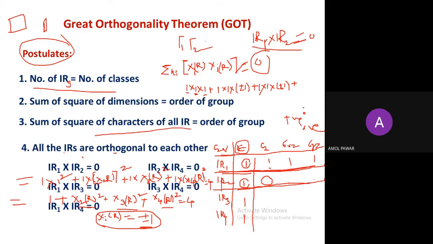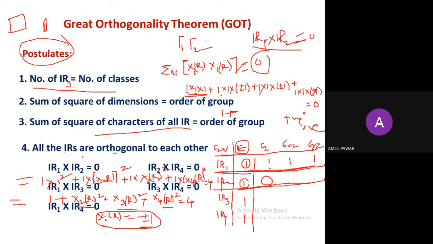Similarly, next class is 1 into character of IR1 is 1 into plus 1 or minus 1, is equal to 0. Now see, we have this complete value, so I can write here plus 1, plus 1.